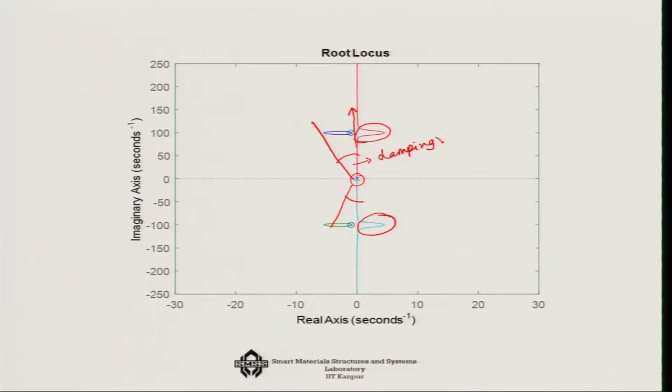By designing the alpha, you can make the system very stable as well as very well damped. Suppose these are the positions of the closed loop poles, that could be some of your goals, and we can make sure that the 2 undamped modes do not come to the right half plane to create an instability.